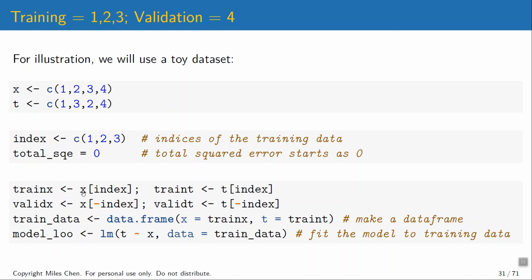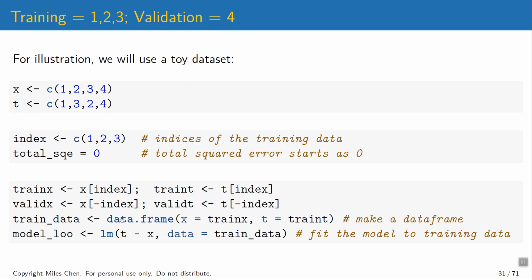My training X is X subset to the values 1, 2, 3, and the training T is also just the first 3 observations. The validation points will be everything that's not in the training, so X minus the index, and validation T is T minus the index.